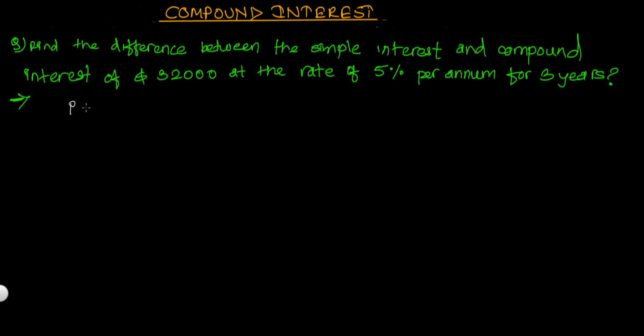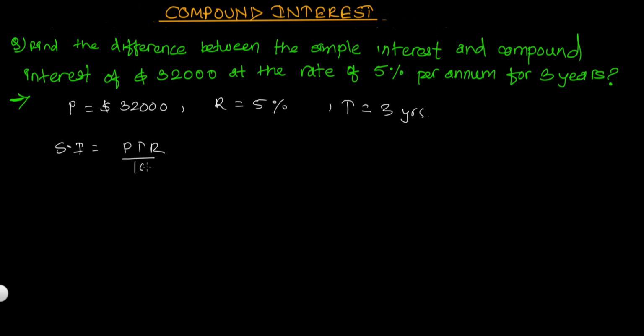The principal amount P is given to us, which is $32,000. The rate R is given to us as 5%, whereas the time frame T is given to us as 3 years. Now we are supposed to find simple interest. Simple interest is nothing but PTR over 100.